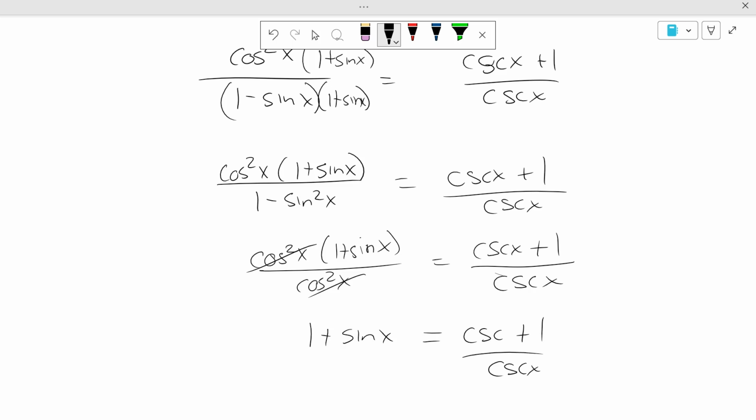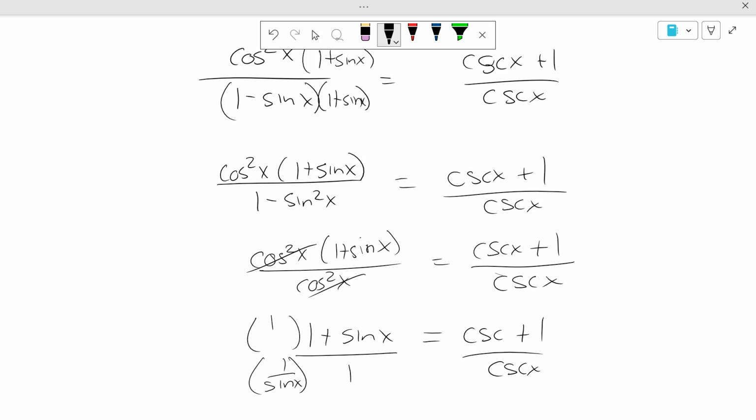So I know sines have something to do with cosecants, right? Cosecant is a reciprocal of sine. So I need to get a cosecant on the denominator, so that's like 1 over sine of x. So I multiply the denominator times 1 over sine of x, because my denominator is really 1.